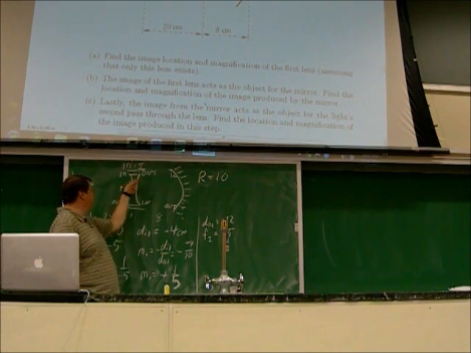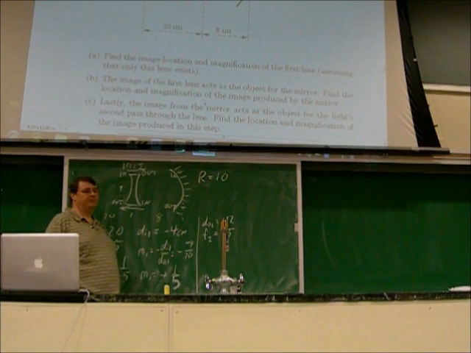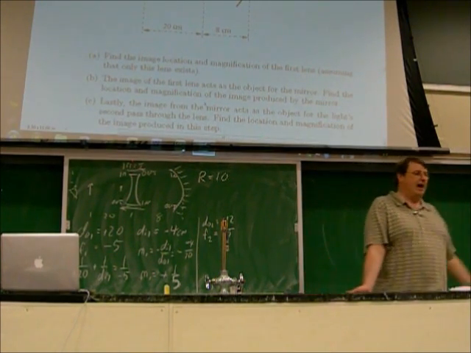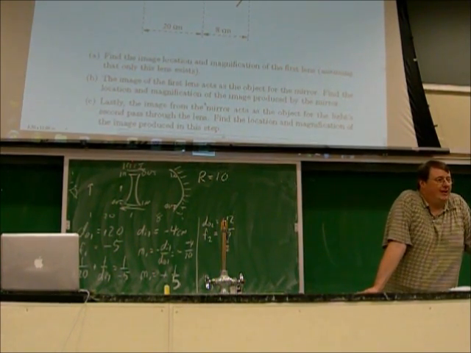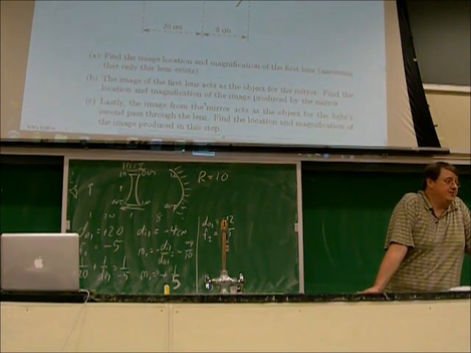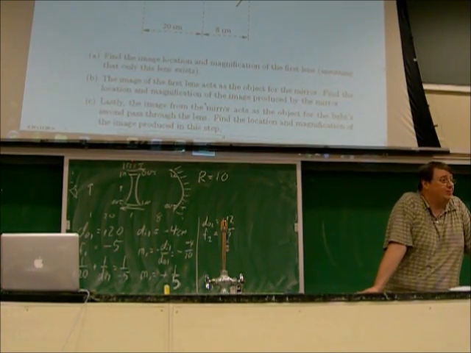And it looks like it came from here. And that's telling how much the light is diverging when it comes into the mirror. So yes, a virtual image can absolutely be the object for the next step. And in fact, a virtual image of one lens can wind up with a real image of the next one.